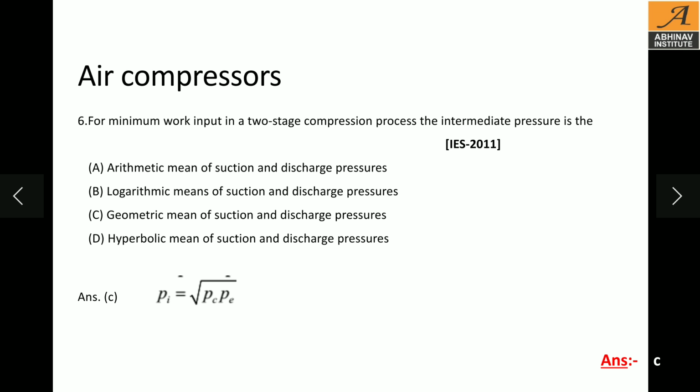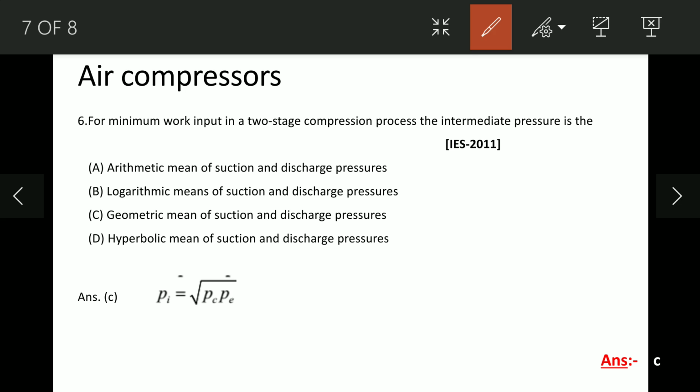Next question. The minimum work input in a two-stage compression process, the intermediate pressure is, four options are given: arithmetic mean of suction and discharge pressure, logarithmic mean of suction and discharge pressure, geometric mean of suction and discharge pressure, and fourth option, hyperbolic mean of suction and discharge pressure.